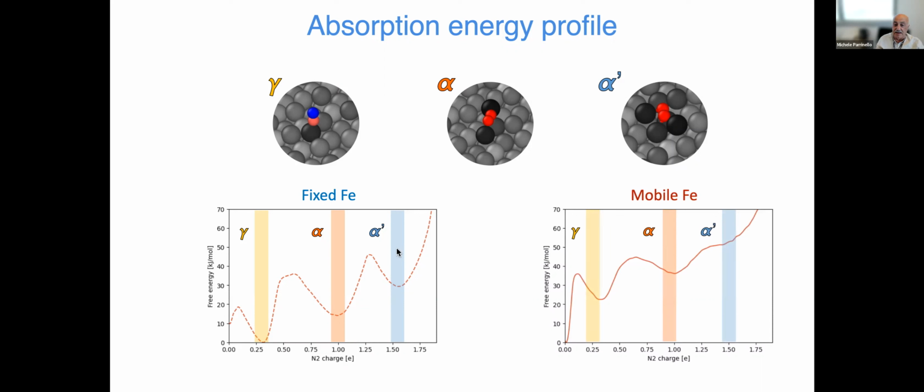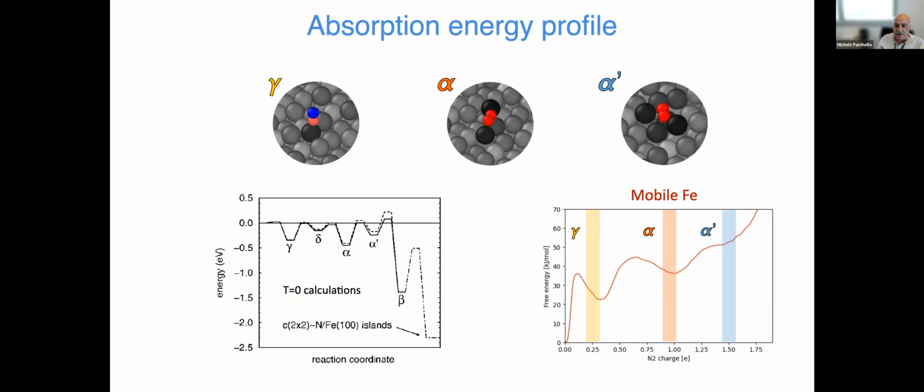In particular, the alpha prime site, which would be a minimum, now becomes a poor shoulder. This is the consequence, and this is totally different from the T equals 0 profile, because T equals 0 doesn't have all this effect of the lattice.